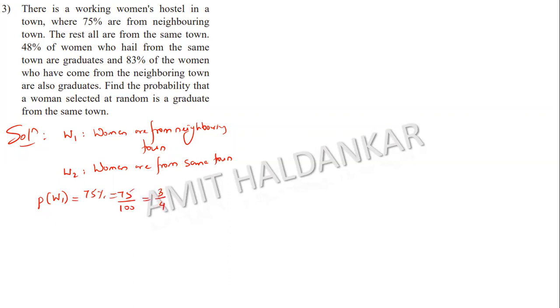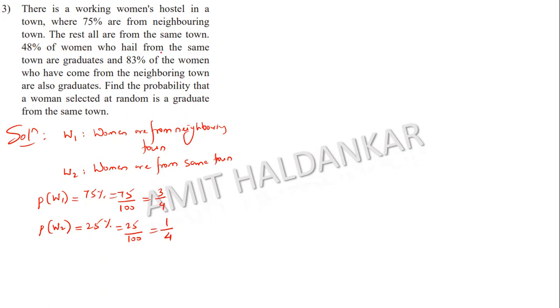And if this is 75%, then of course from the same town it has to be 25%, because these two events cannot exist at the same time. These are mutually exclusive and exhaustive also. So 25 by 100 gives the probability of women from the same town as 1 by 4. Now what are you saying?